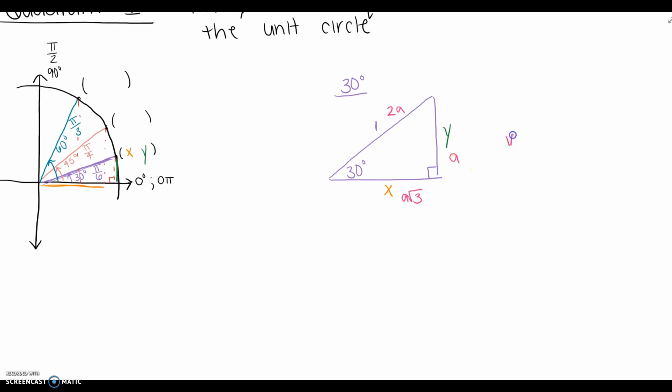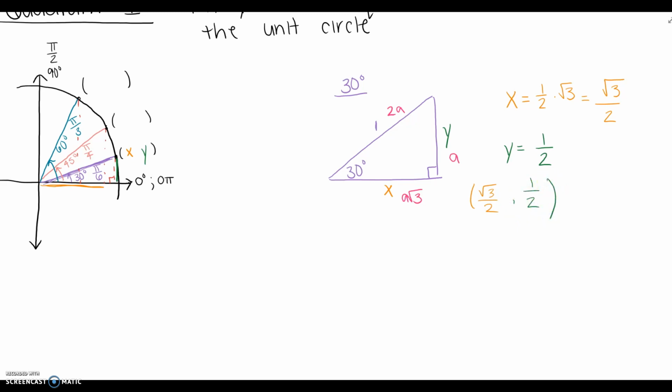So y is equal to 1/2 when my angle is 30 degrees. And then x is a root 3, so x is equal to 1/2 times root 3, which we can rewrite as root 3 over 2. So the coordinate point at 30 degrees is root 3 over 2, comma 1/2.